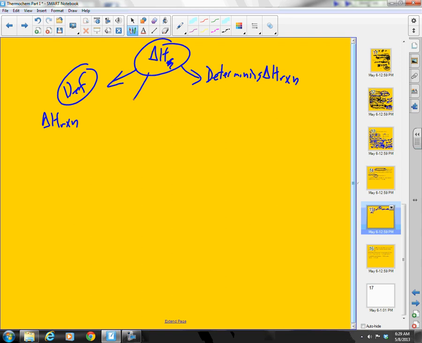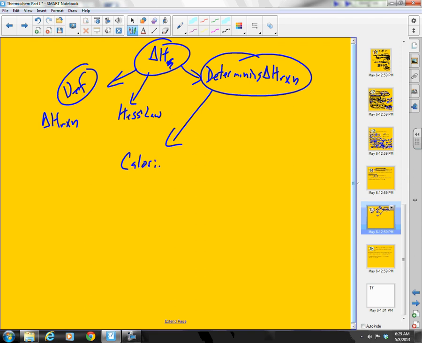We talk about Hess's law, just trying to fill in the concept map. And now we want to talk about determining delta H of reaction. One way to do that is called calorimetry.